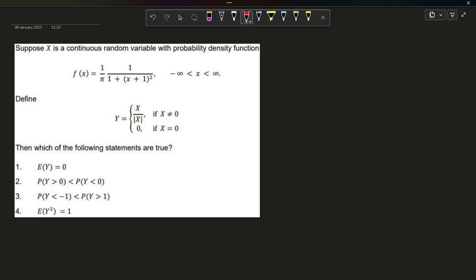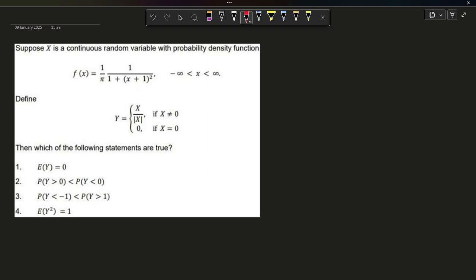The second says probability of y greater than 0 is less than probability of y less than 0. Option 3 says probability of y less than 1 is less than probability of y greater than 1. And the fourth option says expectation of y square is equal to 1.